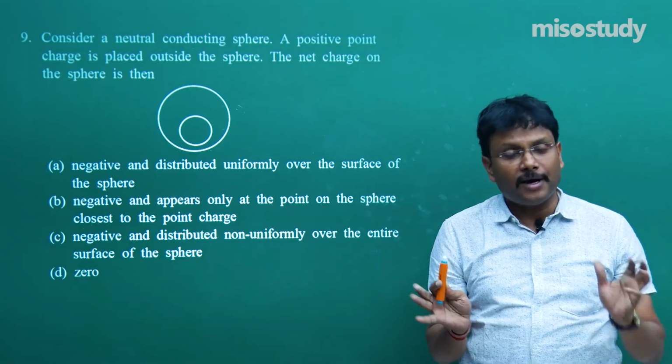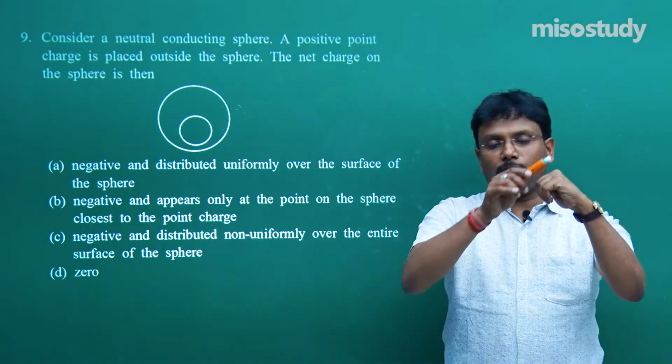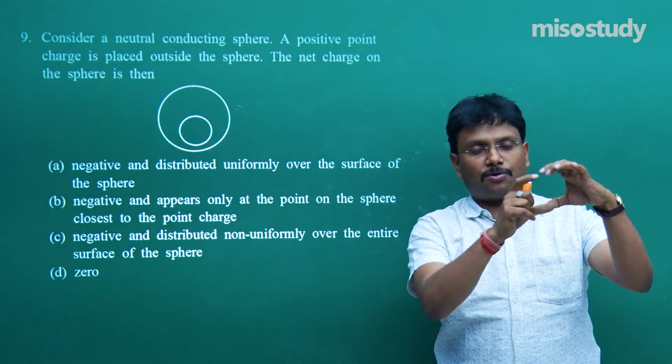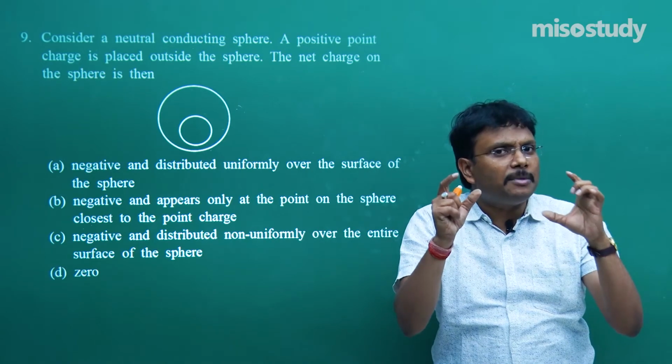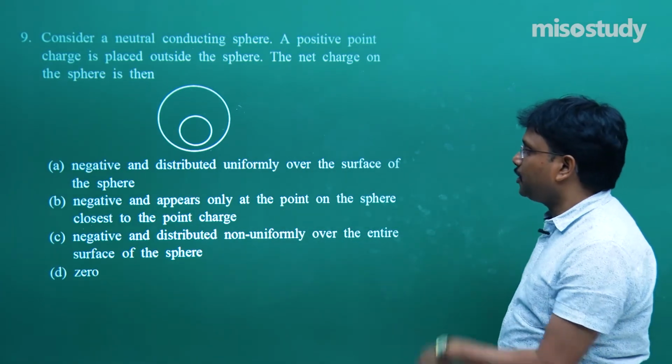Induction. So because of that, all negative charges will come closer to this surface, positive charges repelled out. So you can say a sort of electric field stabilization will happen. So let's start the discussion with this situation.